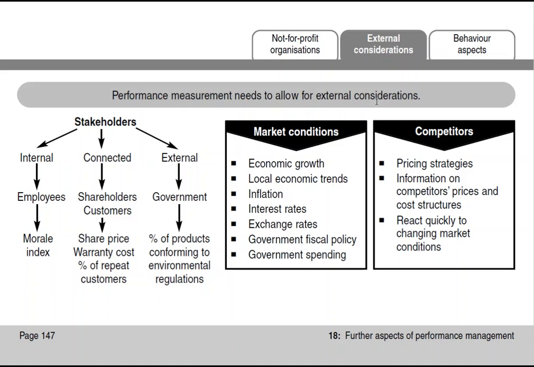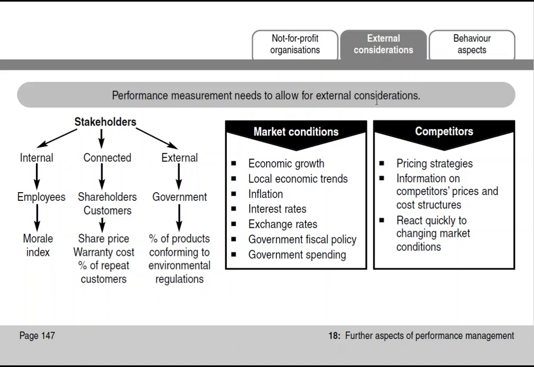Competitors. Look at the competitors, what their pricing strategy is. We saw that in market skimming and market penetration as well. Information on competitors' prices and cost structure. We have to see what the competitors' prices are and what their cost structure is. We need to know their prices because we want to charge as much as they are charging.